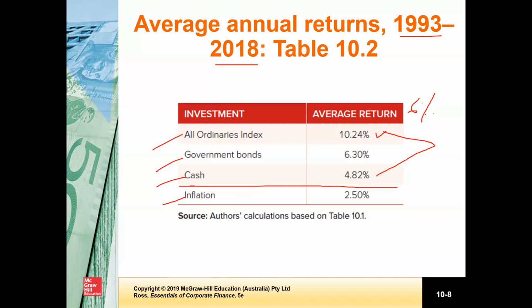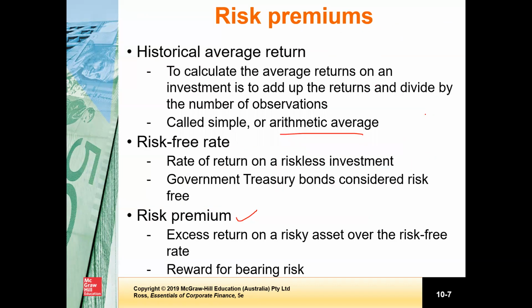So if you invest in a risk-free investment, let's say you get a 4% return, and you invest in a risky investment and you get 10%, the difference between the risk-free rate of return and the risky rate of return is called the risk premium. This is essentially the excess return for investing in a risky security, and you can also say it's compensation for taking a risk, compensation for investing in a risky security.